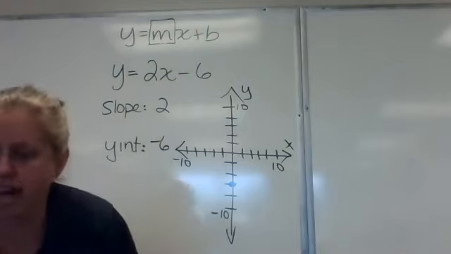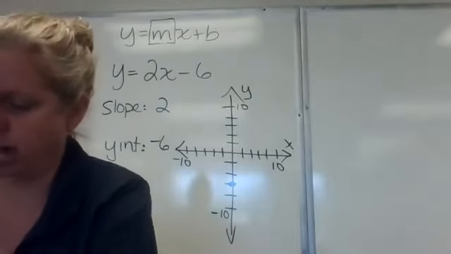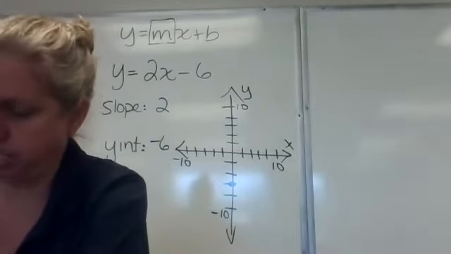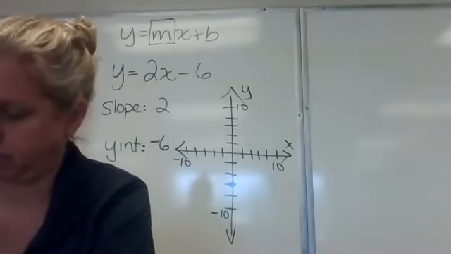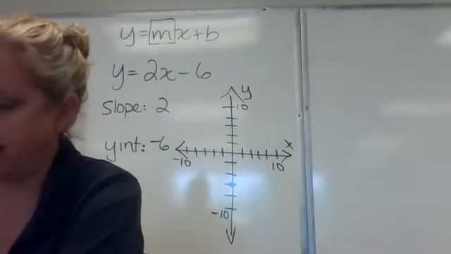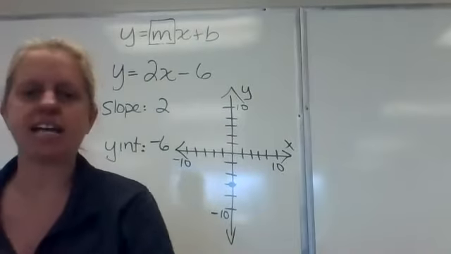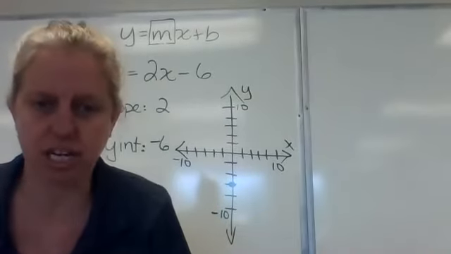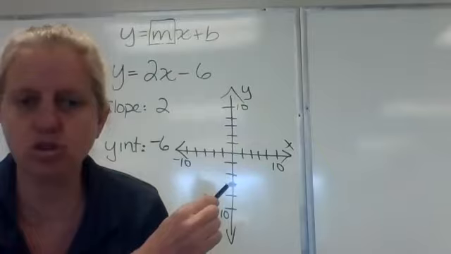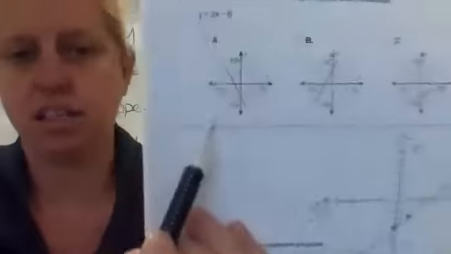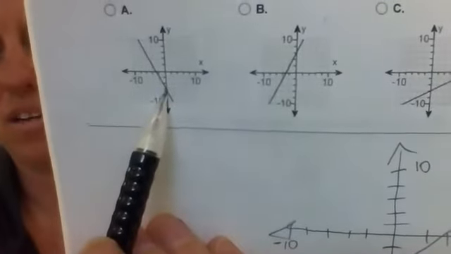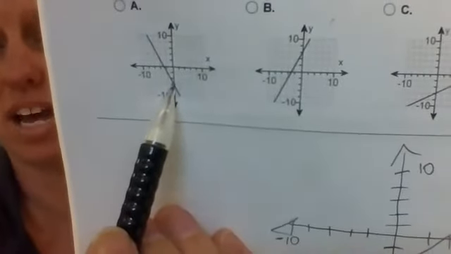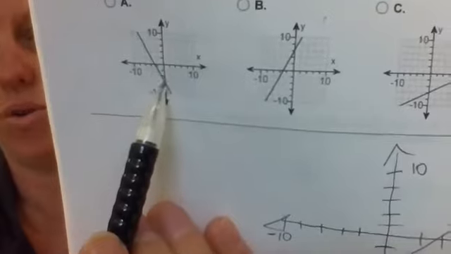Actually, even before I count out my slope, I am going to my options, and I am taking out any option that doesn't cross through the y-axis at -6. So let's look at these. This one, yep, that one crosses through at -6, because there's -2, -4, -6.